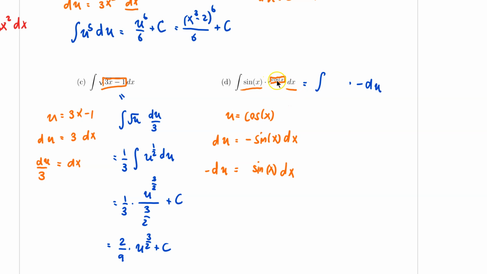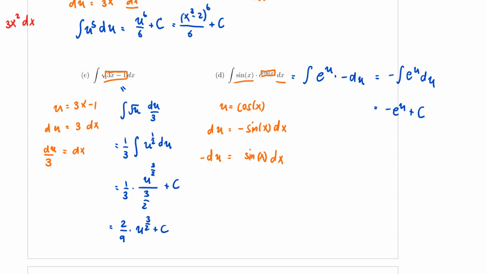And then e to the cosine of x is just going to be e to the u now. So this is going to be e to the u times negative du. In other words, I can pull out the negative sign. So that's going to be the negative of e to the u du. Well, the integral of e to the u is just going to be e to the u. So this is going to be the negative of e to the u plus c.